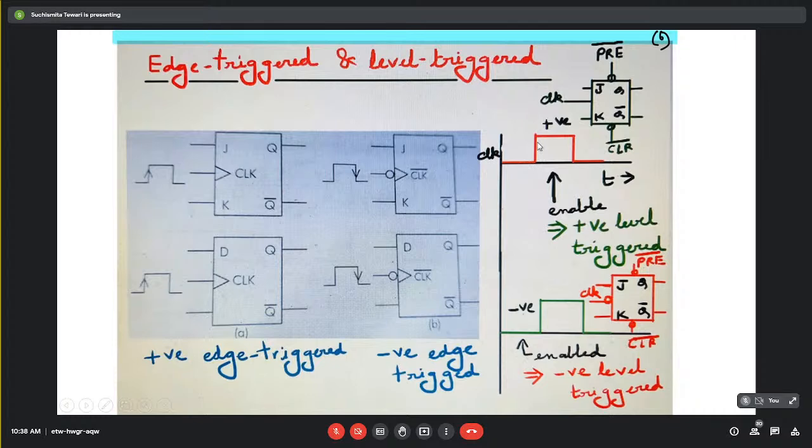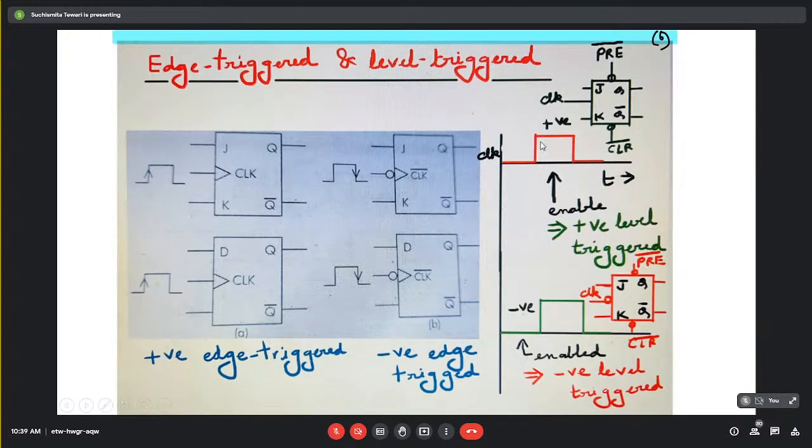So instead of this whole enabling period, if we design the circuit in such a way so that only when the clock is changing its value from 0 to 1 or from 1 to 0, during this small time period only, the change in input actually influences the output, then we are sorted.